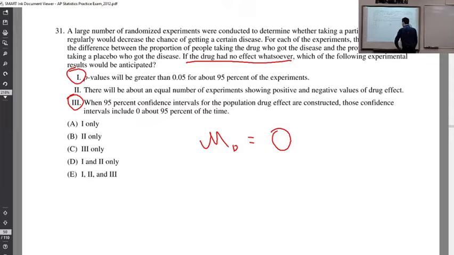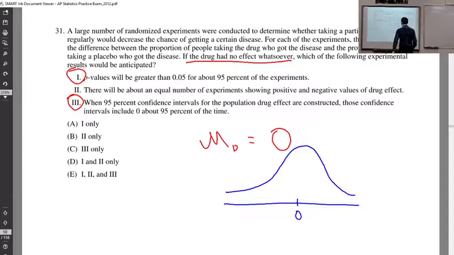And then for number 2, we could draw my curve. And so here's what my samples should look like. It should be about normally distributed. The mean should be 0, which means there should be about an equal amount of values that are to the right of 0 as there are to the left of 0. In other words, the mean difference should be shown to be positive and negative about the same amount of the time.